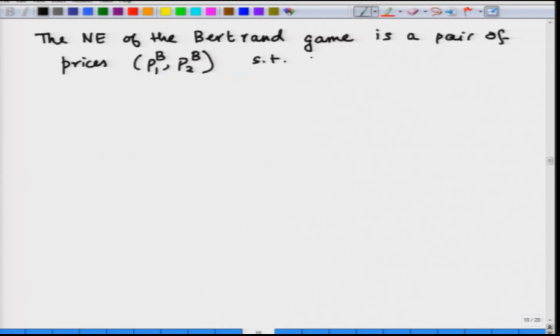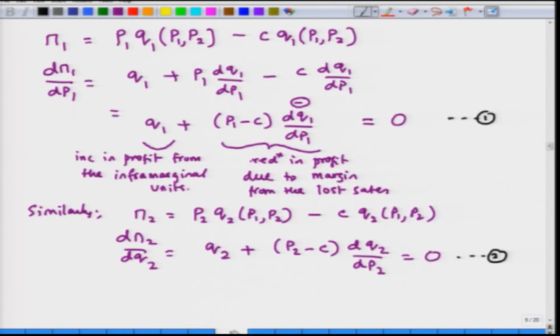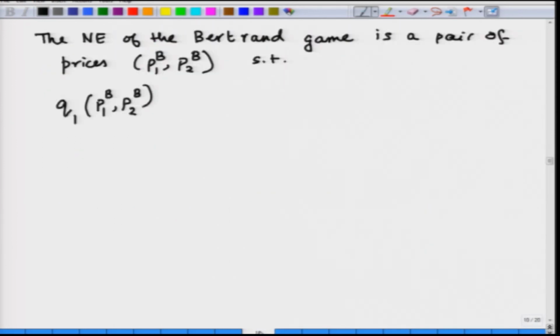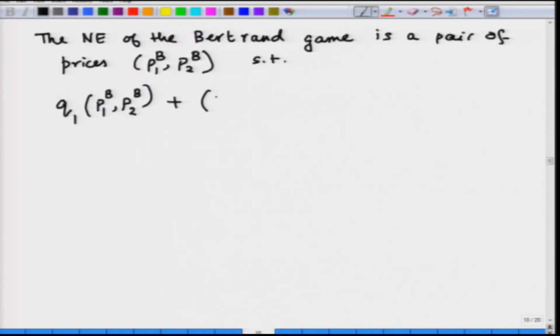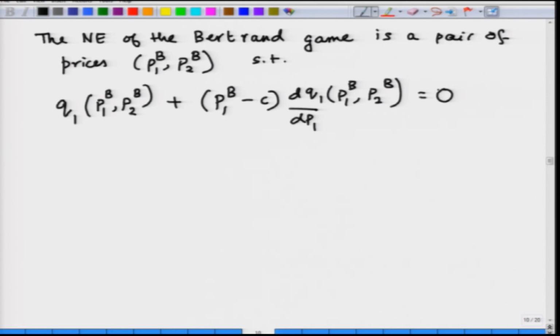If I rewrite the two first order conditions, I will have Q1 of P1B, P2B. Notice that when I had written down this first order condition, I had actually suppressed the prices. So, now we will write those explicitly, because the Nash equilibrium prices are P1B and P2B, plus (P1B minus C) dQ1/dP1, which is equal to 0.